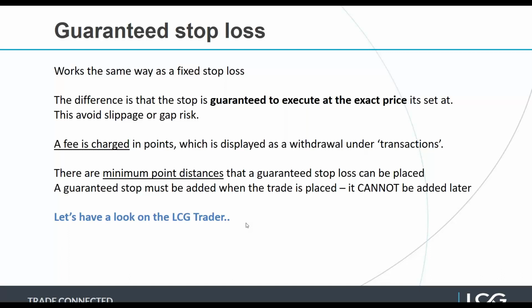So if you want to avoid the risk of that happening, you have the option basically of paying to guarantee your stop loss at a certain level. So we'll go ahead and do an example of this in the LCG Trader platform, and you'll see that the charge is typically 3 points, and it comes up as a withdrawal under your transactions tab.